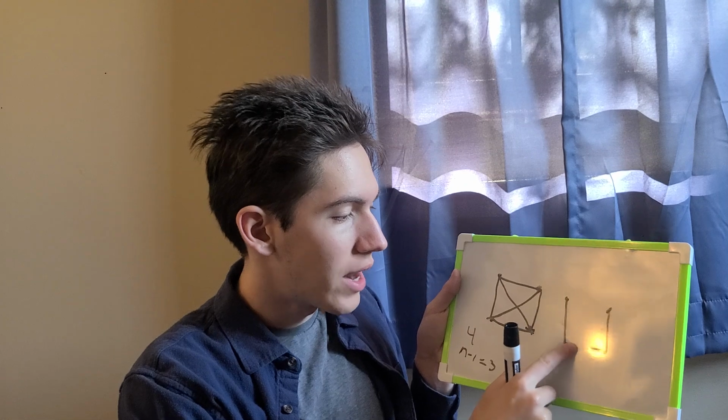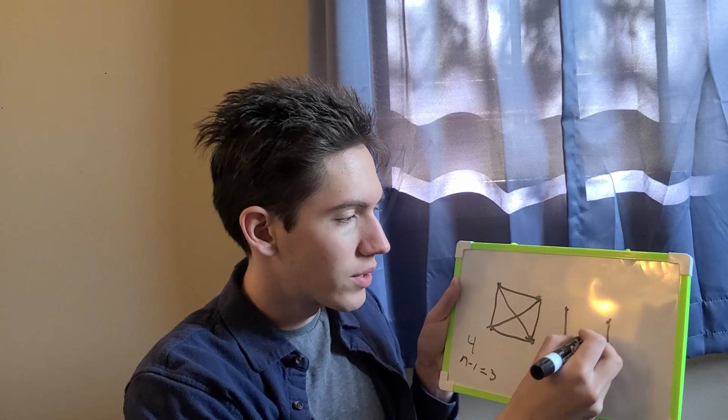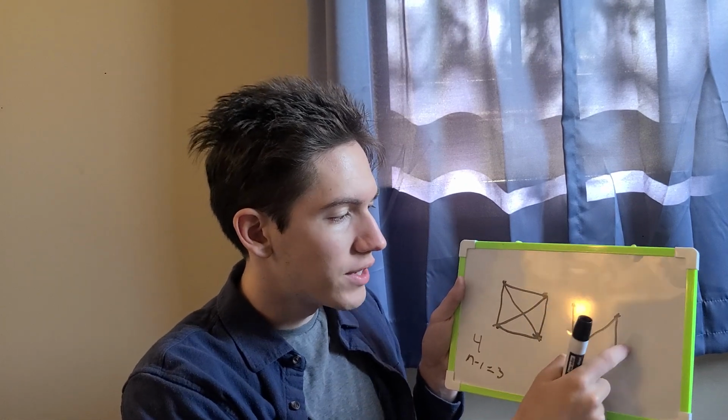And this goes for any route we make. So let's say we want to do this one instead. We can visit every city with n minus 1 edges, where n is the number of cities. So that's important to keep in mind, because now we know that we have a minimum number of edges. We know we have to have n minus 1 edges to visit every single city.